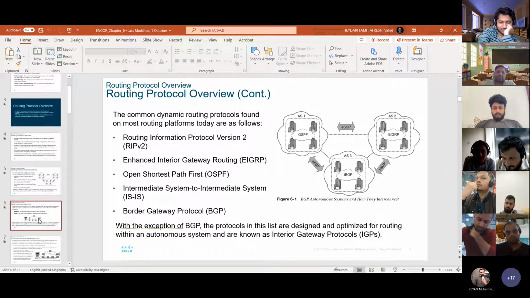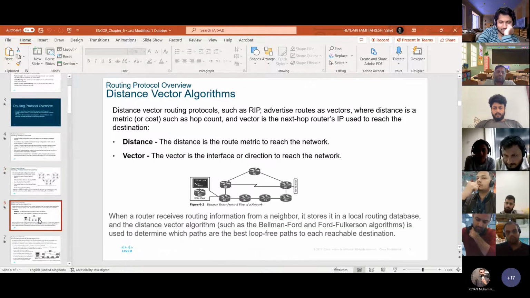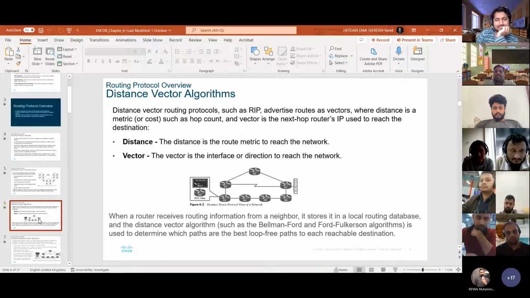So what do we mean when we say distance vector or link state? When we say a routing protocol is distance vector, we are referring to two terms. One is distance, another term is vector. Vector in this context is what we know as next hop.